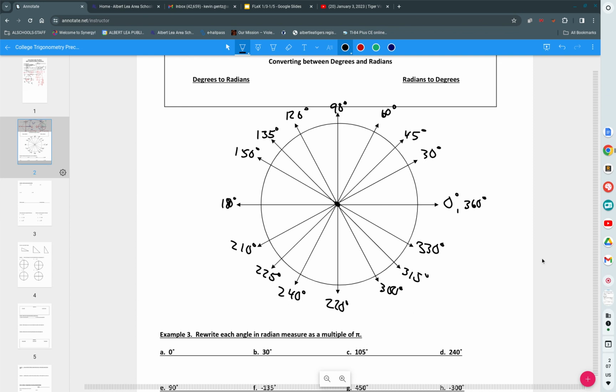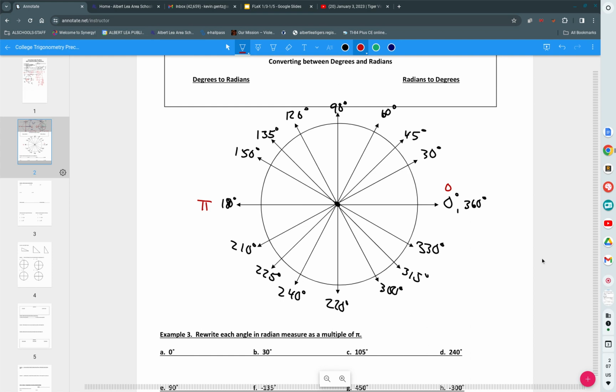Now I'm going to write the radian measurement in red. So 0 degrees is 0 radians, and 180 degrees is pi.